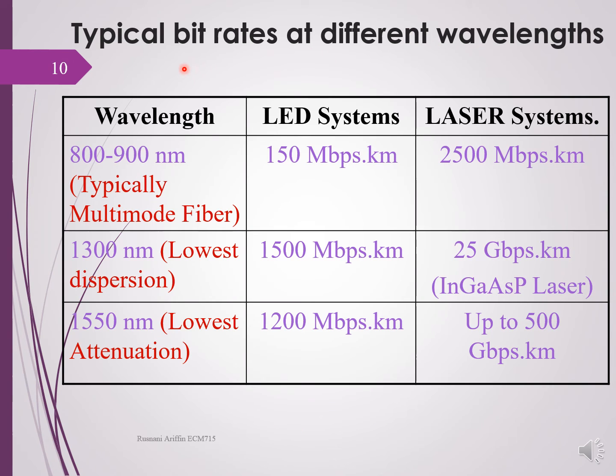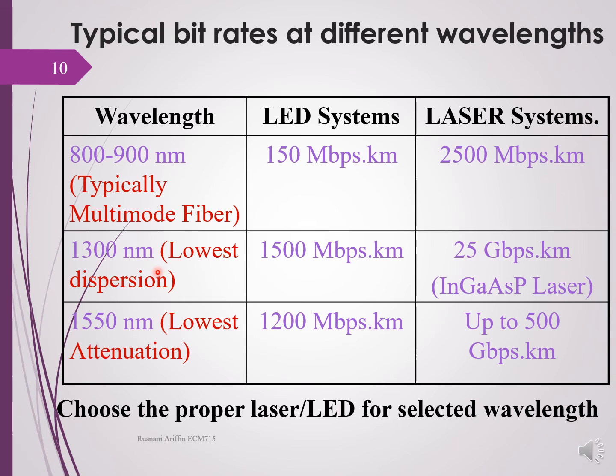So this is the table of typical bit rates at different wavelengths. For wavelengths from 800 to 900 nanometers, typically we use multimode fiber. For LED, the bit rate distance product is 150 megabit per second kilometer, but for laser it is higher, 2500 megabit per second kilometer. For 1300 nanometers, this wavelength has the lowest dispersion.